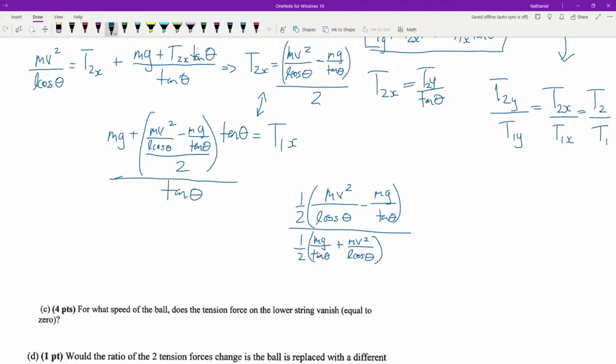So that works out to be something reasonable, right? Halves cancel.